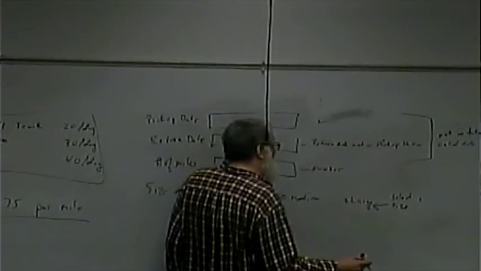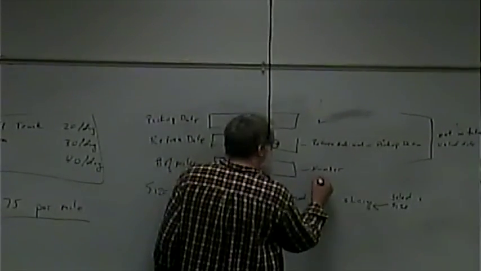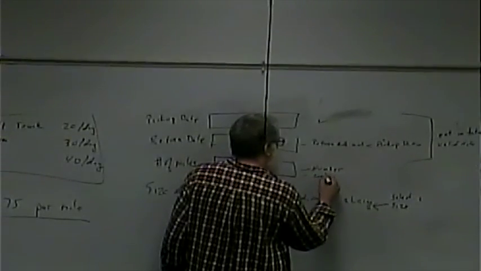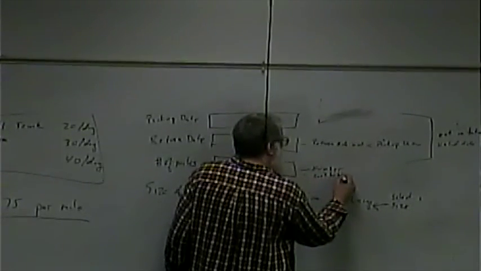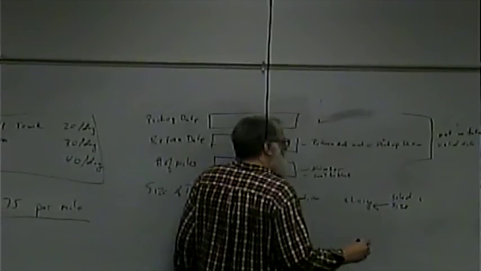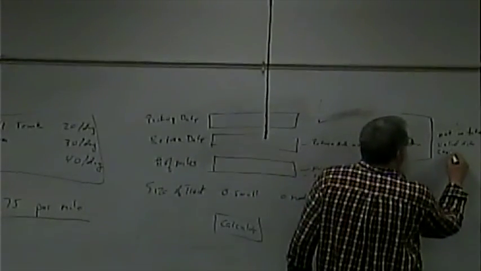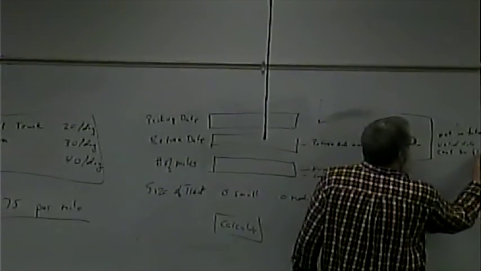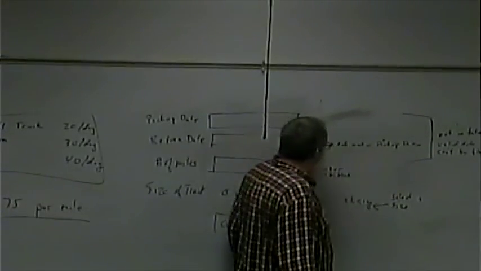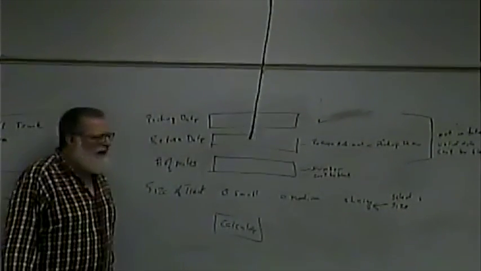I can think of number of miles cannot be blank. Number of miles can't be blank. In fact, we can say that for all of these. We said it for this. Can't be blank. There's one more thing I can think of.